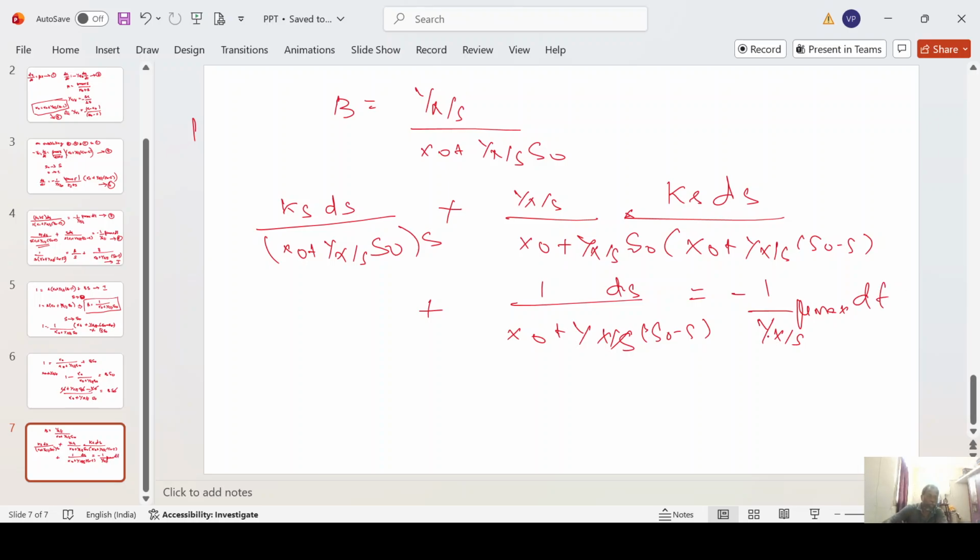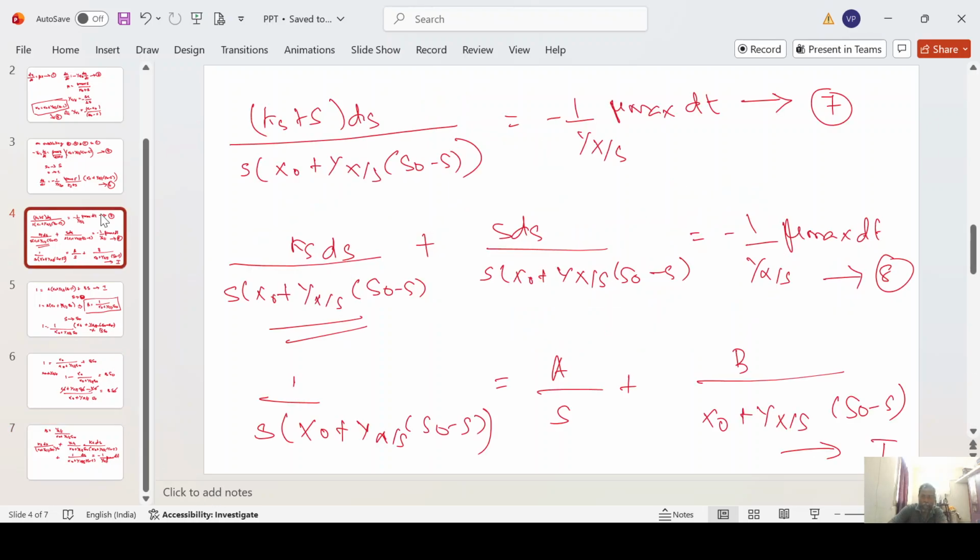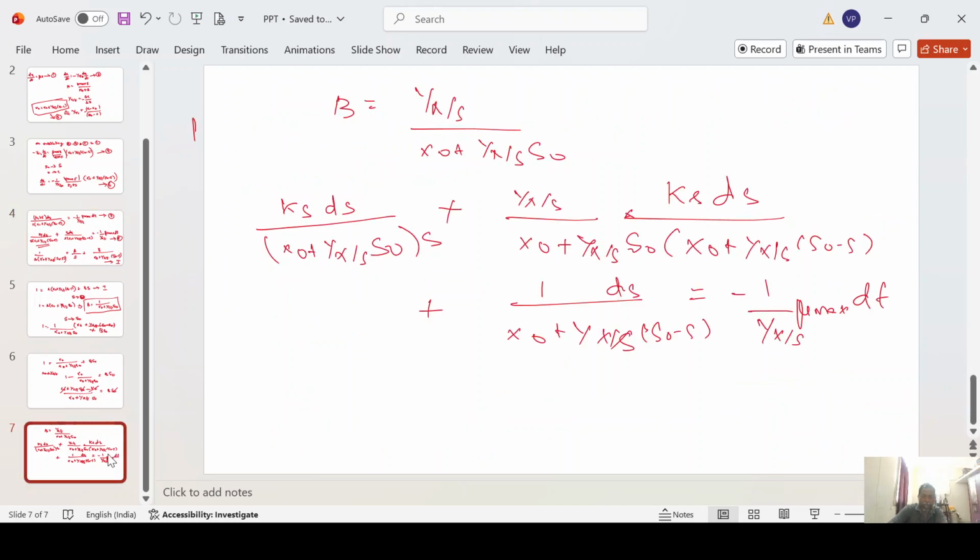So this is the equation number we can give. Already equation 8 is given, so let us give the equation number as 9. So the ninth part we need to derive.